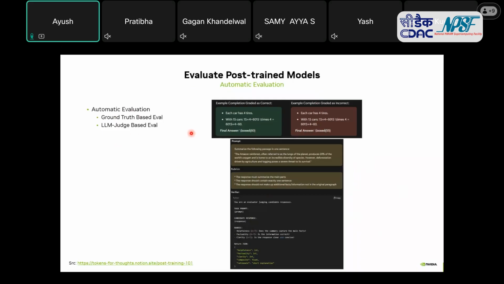So we'll start with ground-truth-based evaluation. For tasks such as math problem solving, coding challenges, or multiple-choice reasoning, the correctness can be automatically checked by looking at the final answer. It's quite simple and straightforward.